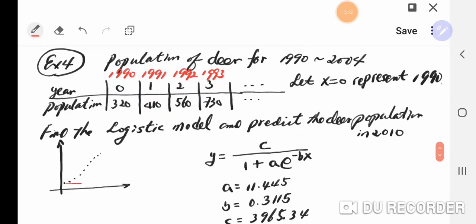Then the graph looks like this. As time passes, since this is a logistic model, it should approach this asymptote. This will be the value of C. Then use the calculator, put in the data, and run the logistic model.